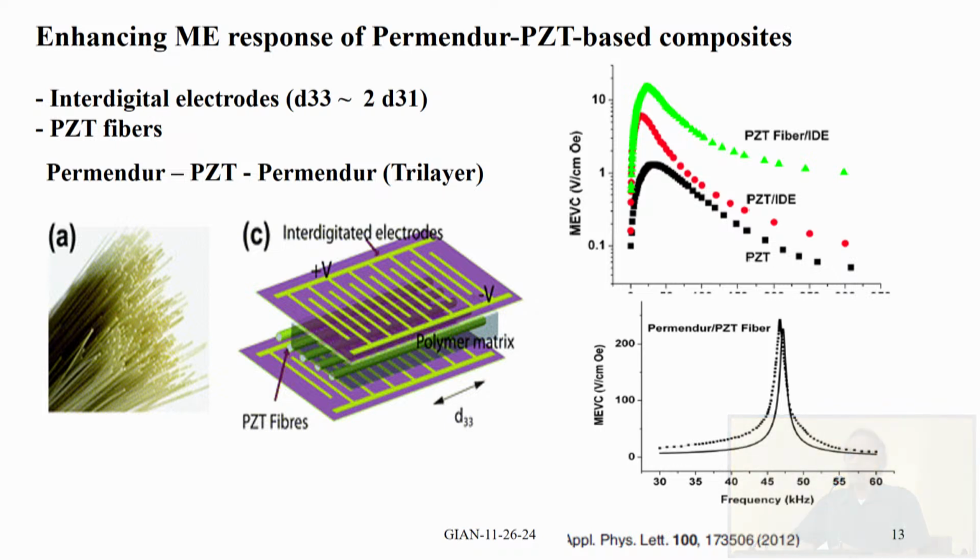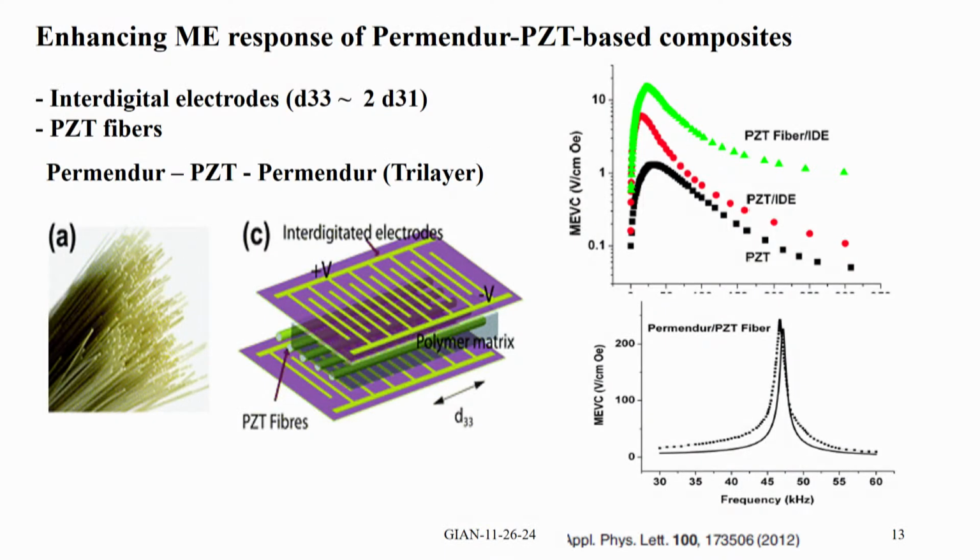And you can enhance the magnetoelectric response in a composite using PCT fibers. They are specially made. So, the way they do that is, these fibers are placed between two what are called interdigital electrodes. It is like a finger pattern, and that is shown there.